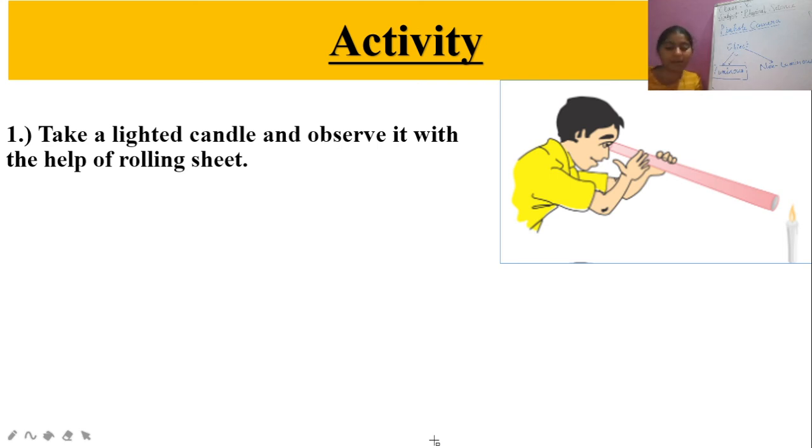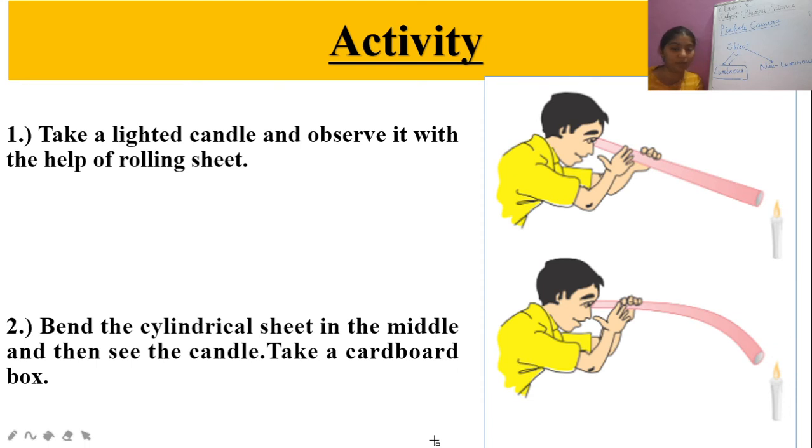Next, students, after some time you have to do the second part. Now you have to bend it. Students, if you bend this cylindrical sheet from the middle, let me bend it. Now will you see something? The burning candle? No?